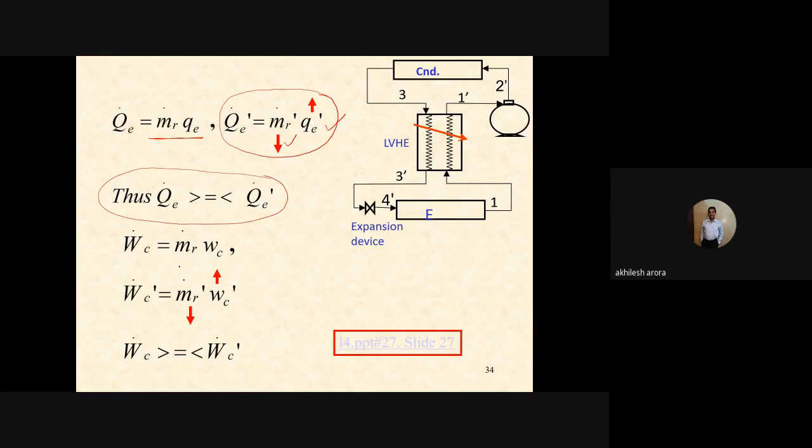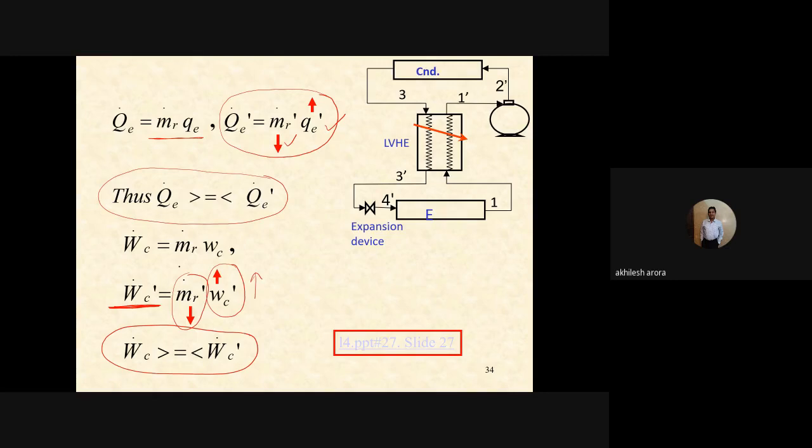Next, we want to know what will happen to the power of the compressor. So once again, this is the power of the compressor with the liquid vapor heat exchanger, and we know that mass flow rate has gone down, whereas the specific work of the compressor has gone up. So once again, we are not in a position to tell whether the power will increase or decrease.